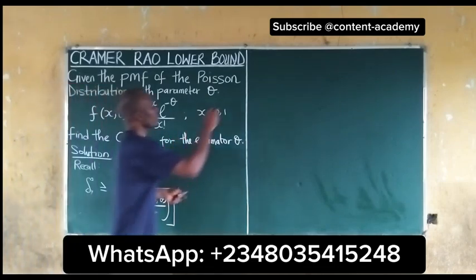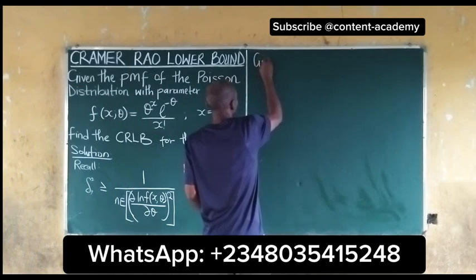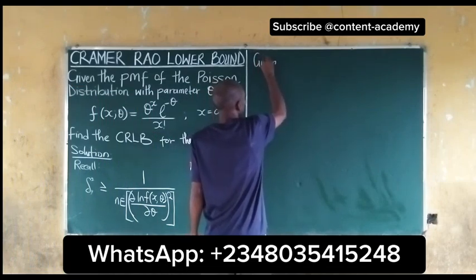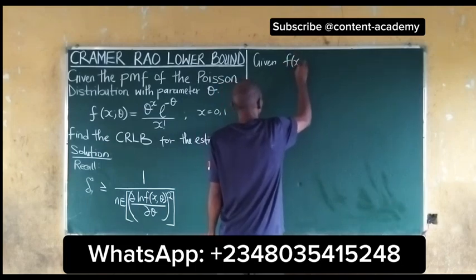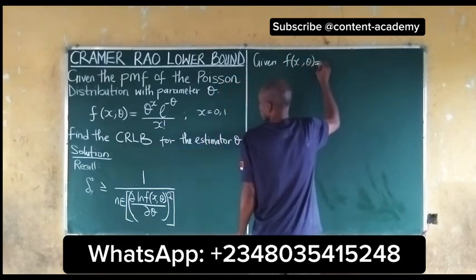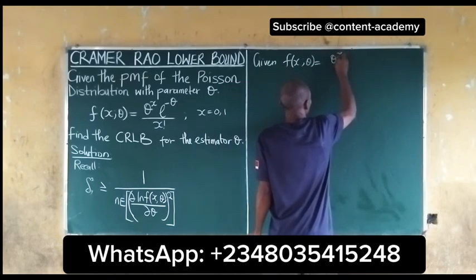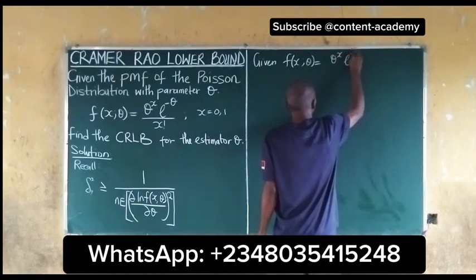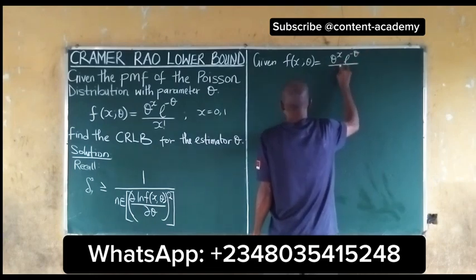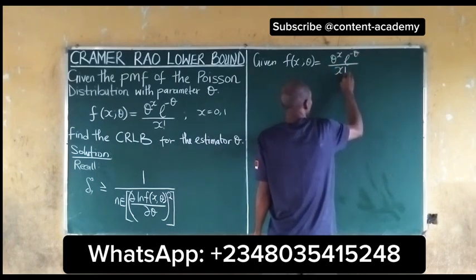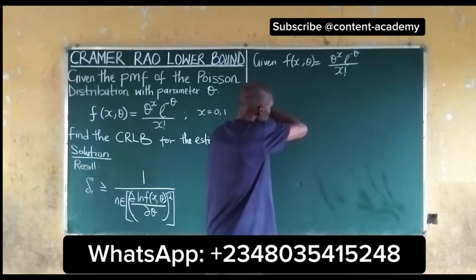So, we are given f(x, theta) equal to theta to the power x times e to the power negative theta, all over x factorial.